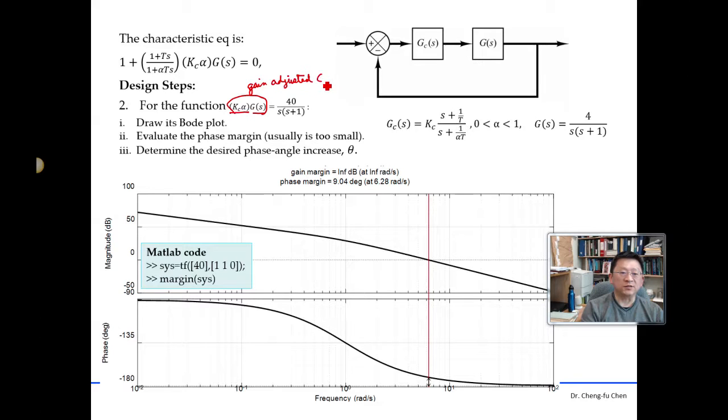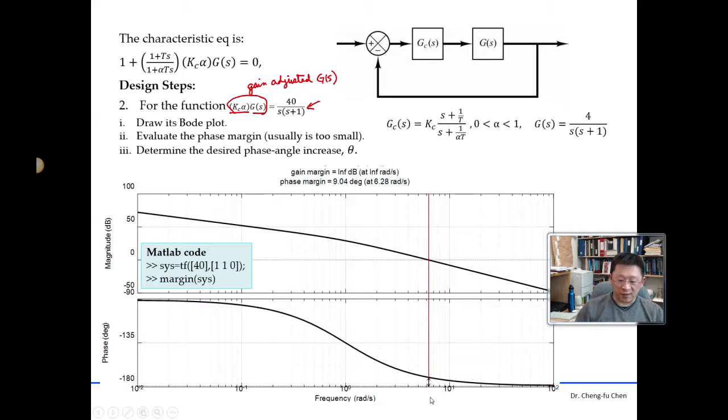Now we look into the Bode plot to find out the phase margin of this open system. Either you can draw it by hand or use MATLAB, and that is the one here.